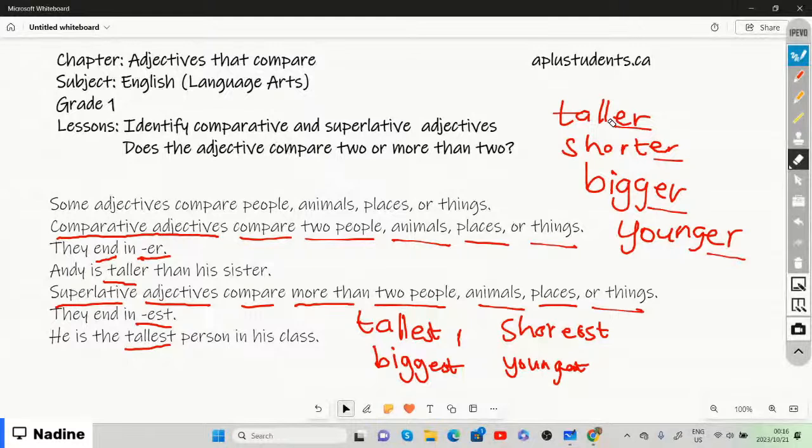And then we have superlative adjectives, which compare more than two people, animals, places, or things, and we say that they end in est.